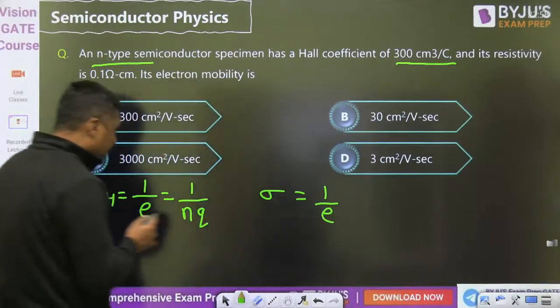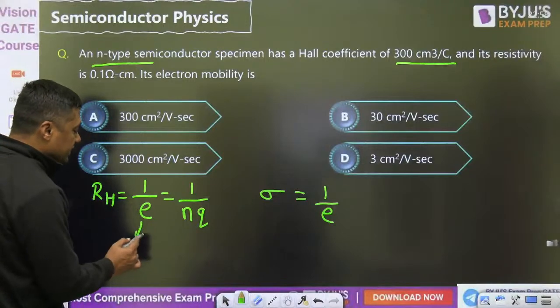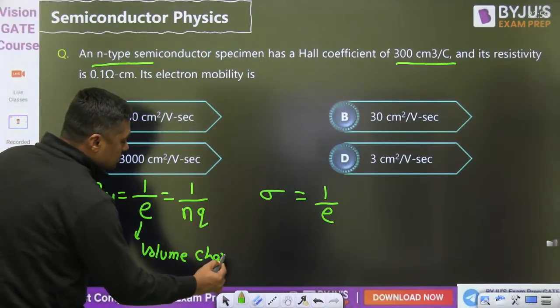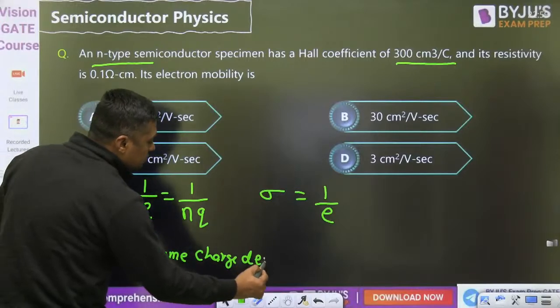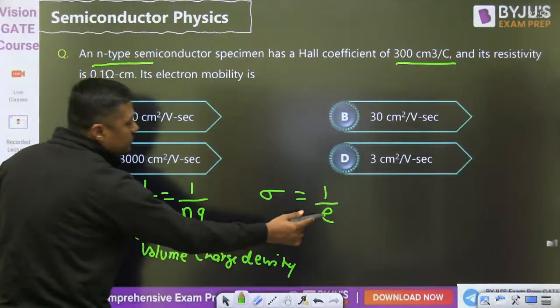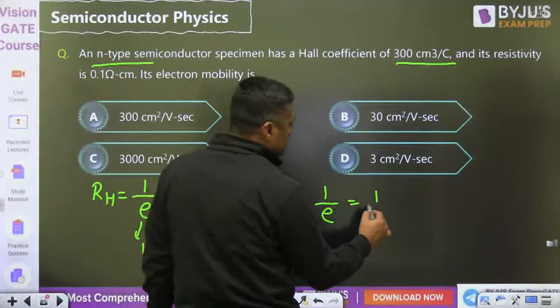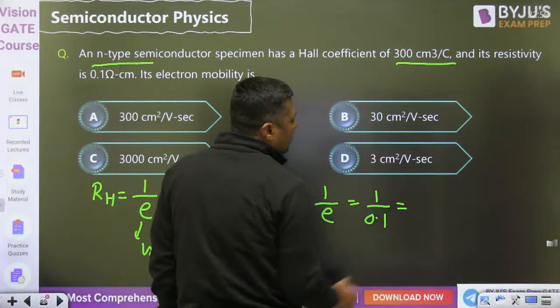This rho is different from that; this is the volume charge density, and the resistivity just has the same symbol. So what is the sigma? 1 by 0.1.